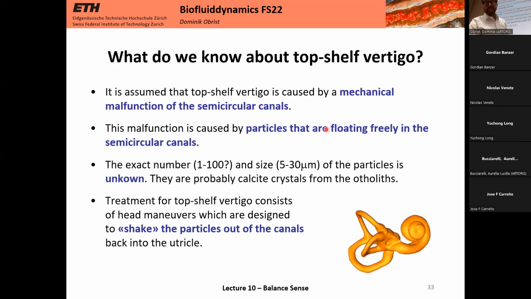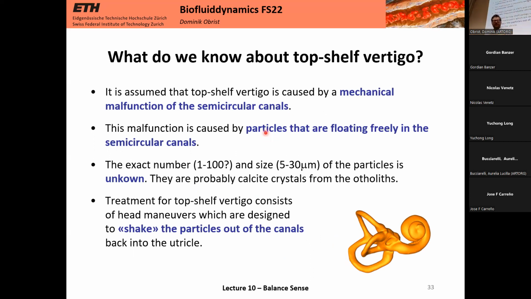We know it's a mechanical problem. There are also other kinds of vertigo, which can, for instance, be caused by stroke, right? But this type of vertigo, which happens to be the most common form, is a purely mechanical problem of the semicircular canal, and is caused by these particles.